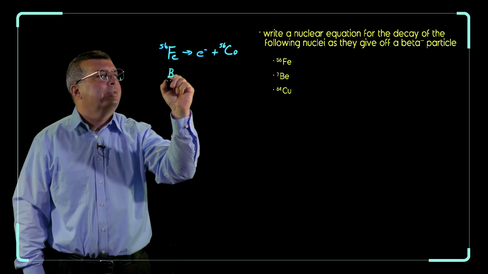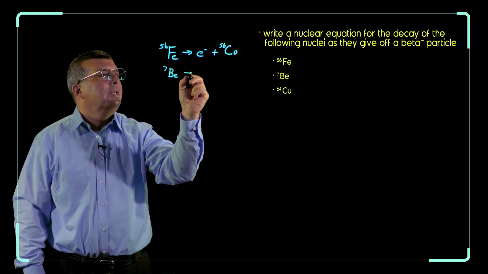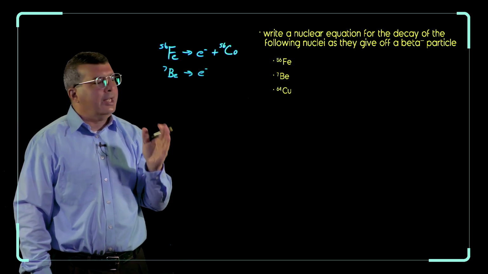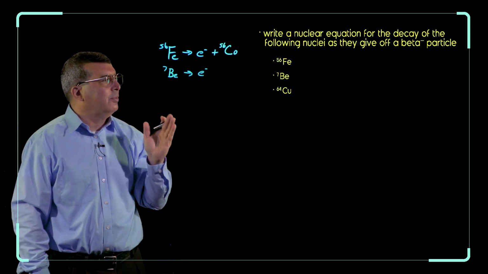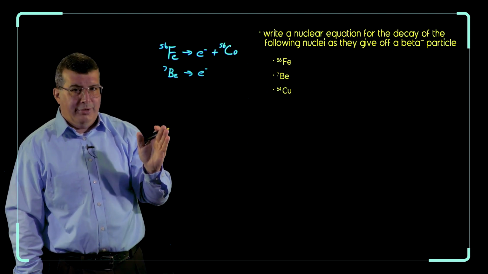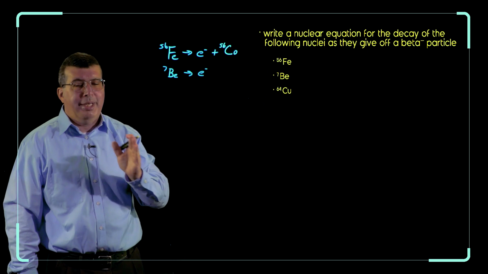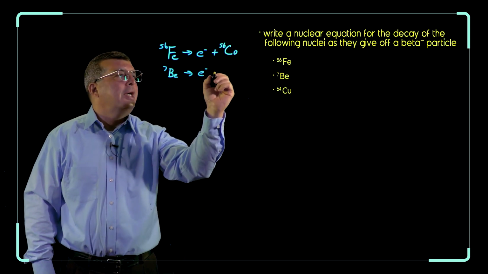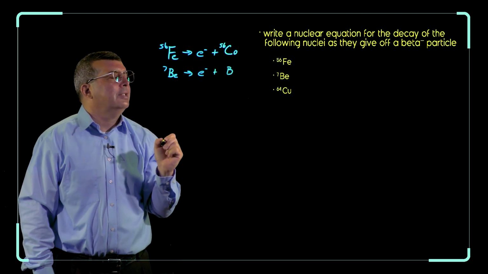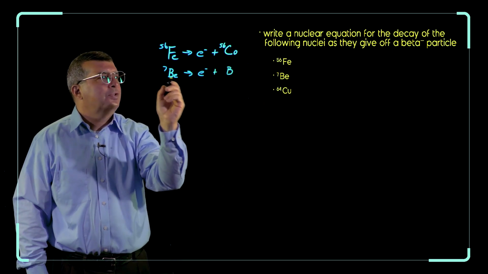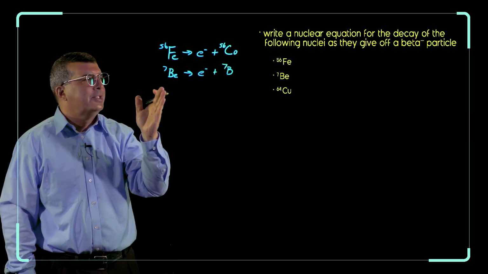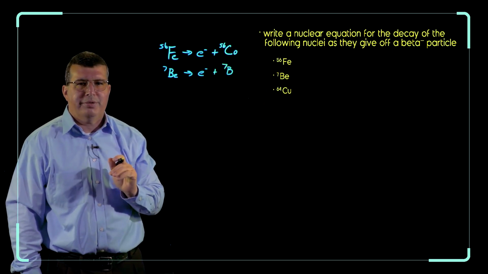Beryllium 7 beta decays, gives off an electron, and the beryllium, when we consult our periodic table, we see that that is element 4, meaning 4 protons. After the beta decay, we have 5 protons, which is boron. And once again, 7 neutrons and protons stay 7 neutrons and protons. So beryllium 7 becomes boron 7.